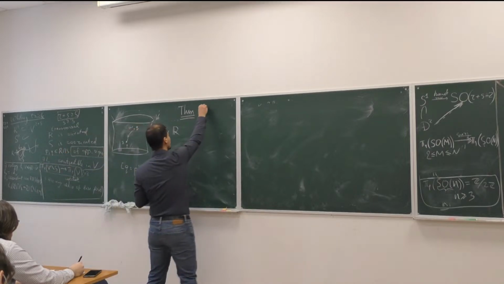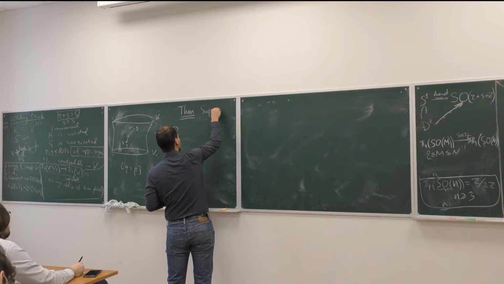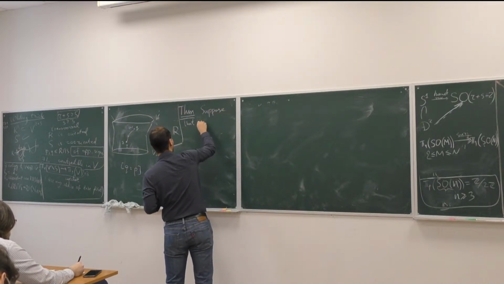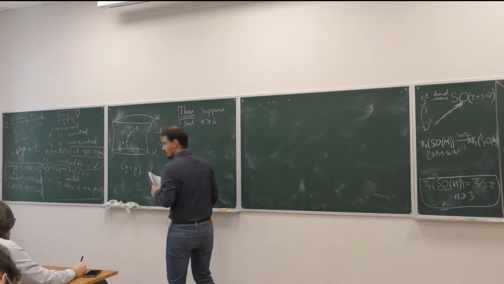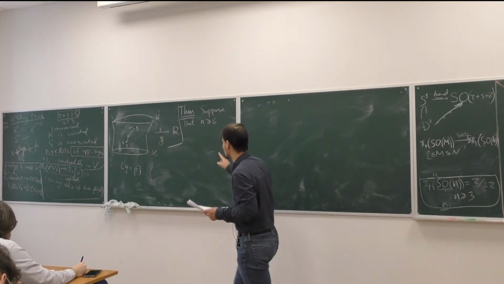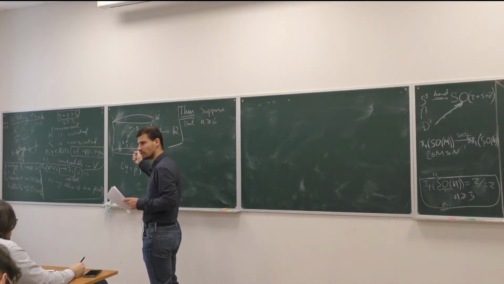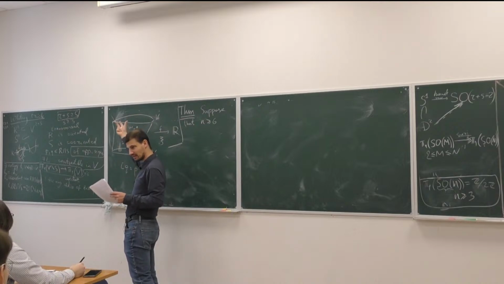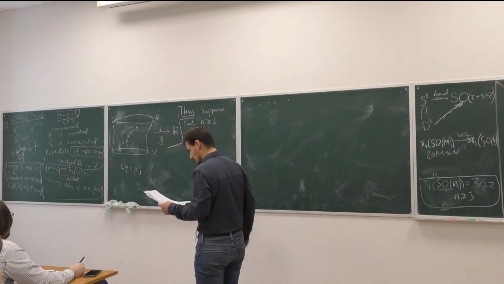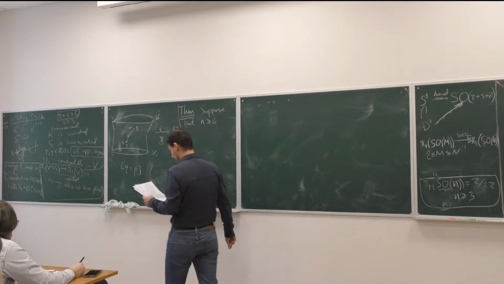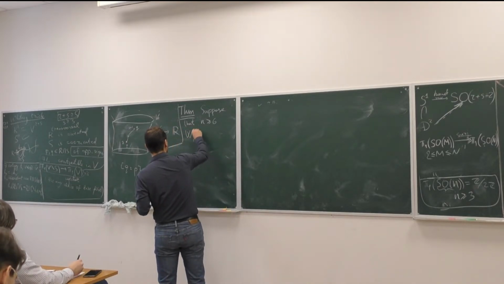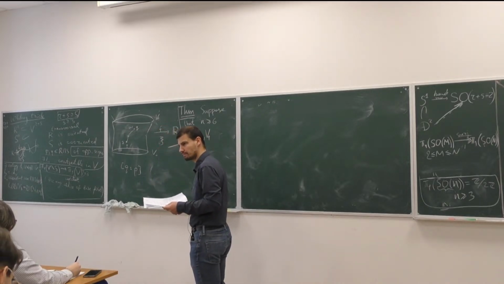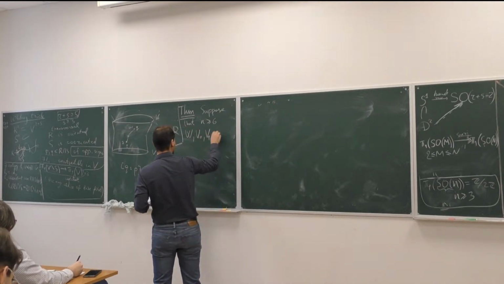Suppose that n is at least 6, and this is exactly what we need for h-cobordism. For h-cobordism, we consider an h-cobordism of 5-dimensional manifolds, and the cobordism itself has dimension at least 6. And W, V0, and V1 are all simply connected. So all the three are simply connected.